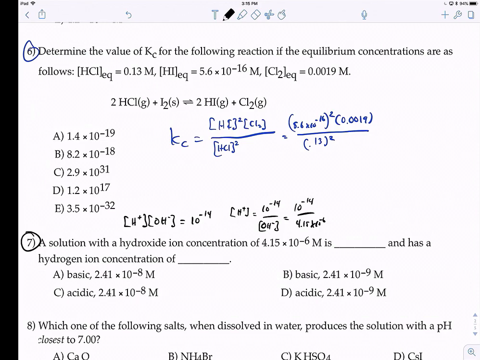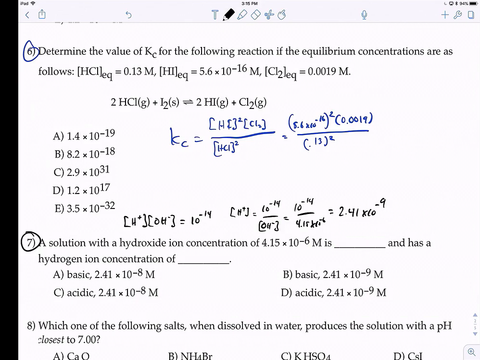Which is 2.41 times 10 to the minus 9. So that's the hydrogen ion concentration.